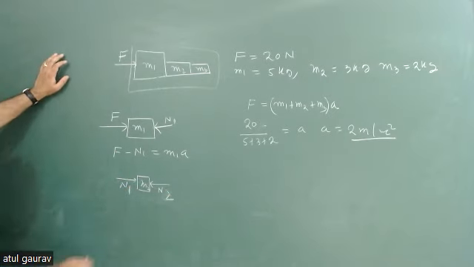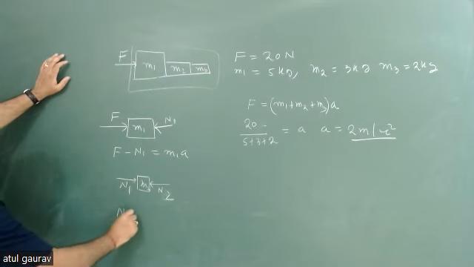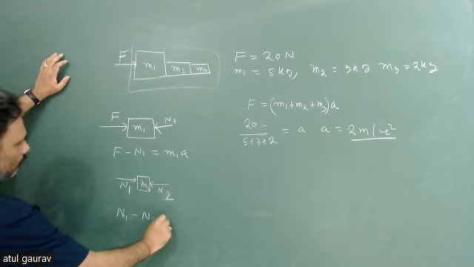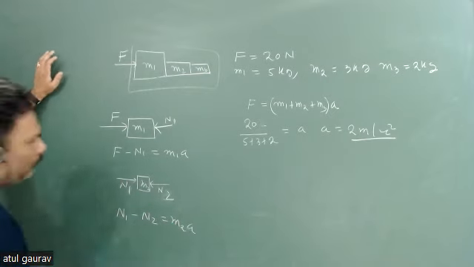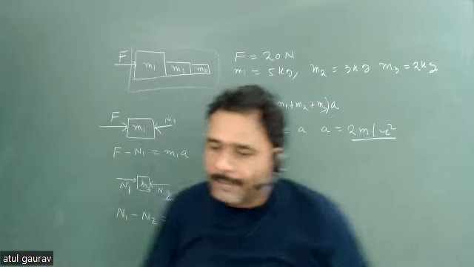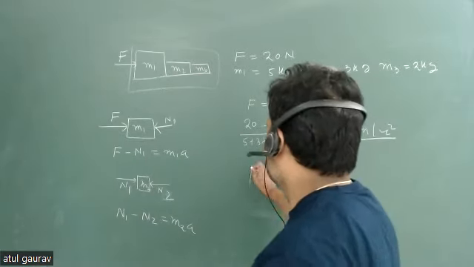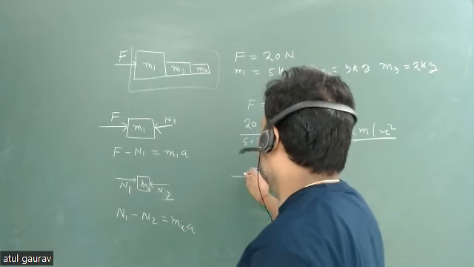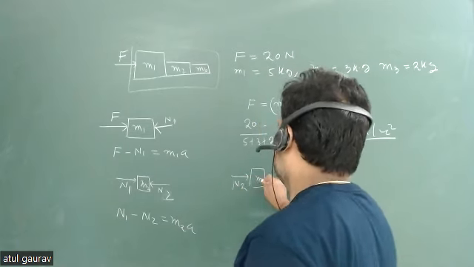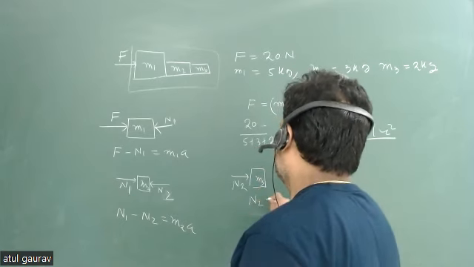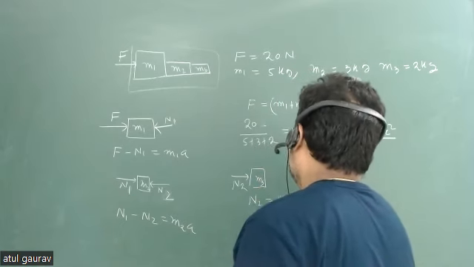So what will be the equation of this one? N1 minus N2 is equal to M2A. And what about the third one? Third one को कौन आगे लेके जा रहा है? N2. So this is your M3. So N2 is equal to M3A.